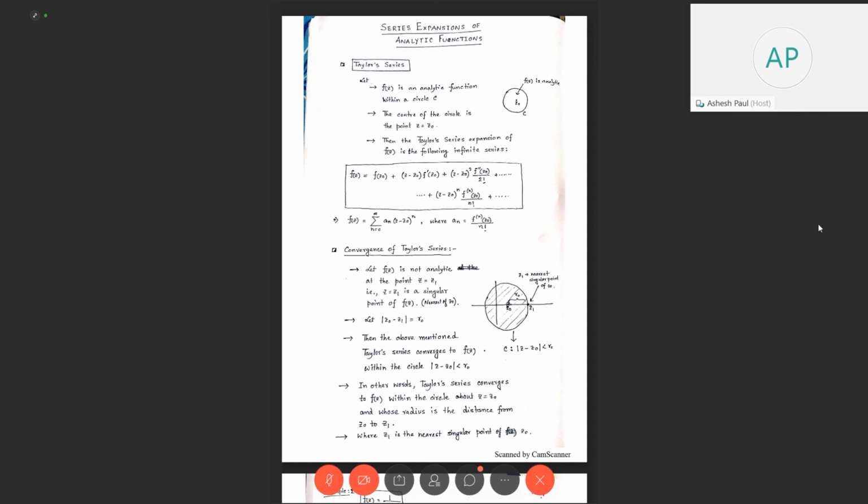That is, it is convergent within the circle whose center is at z0 and whose radius is the distance from z0 to z1. See the picture here, the radius is the distance from z0 to z1, that is r0. And what is z1? z1 is the nearest singular point of z0.